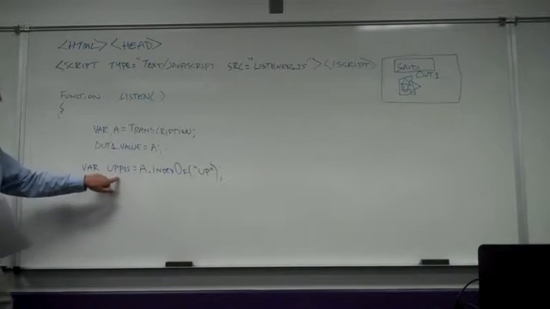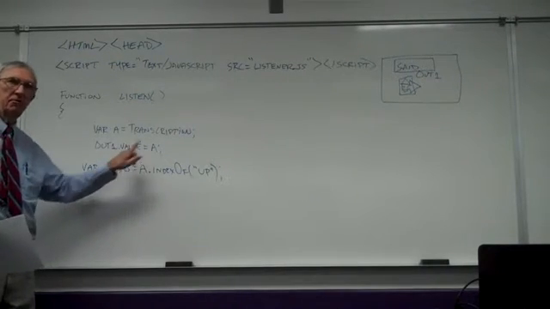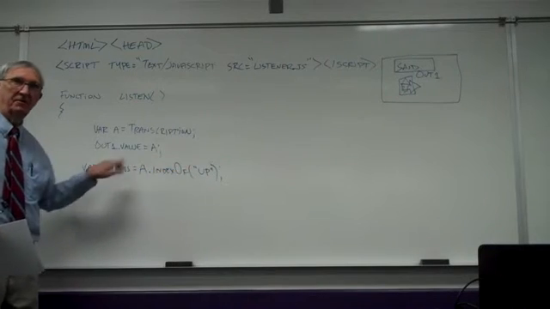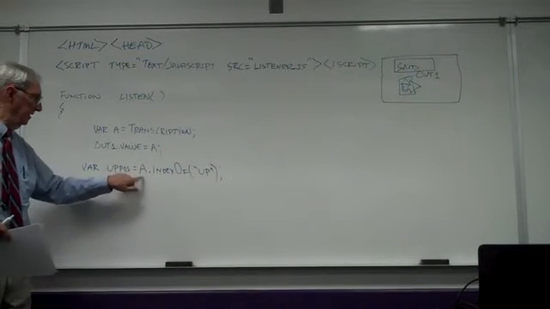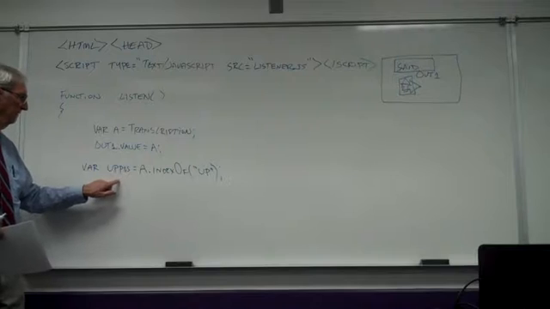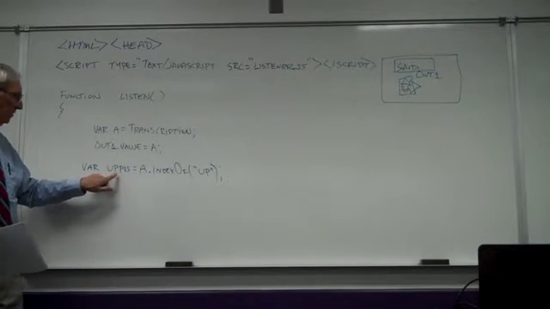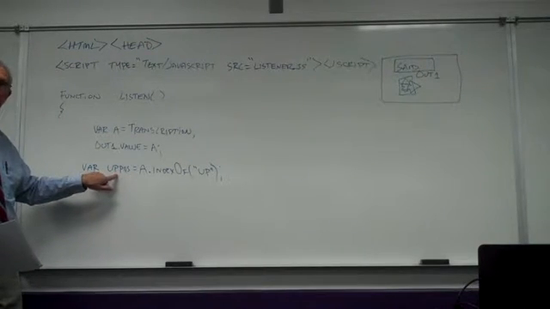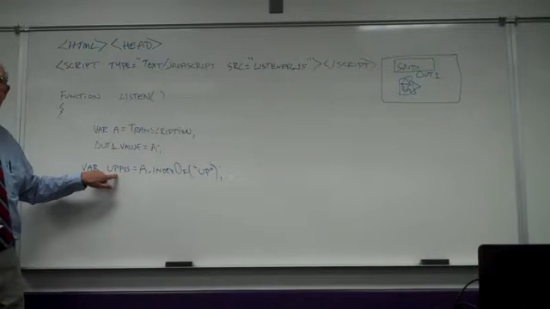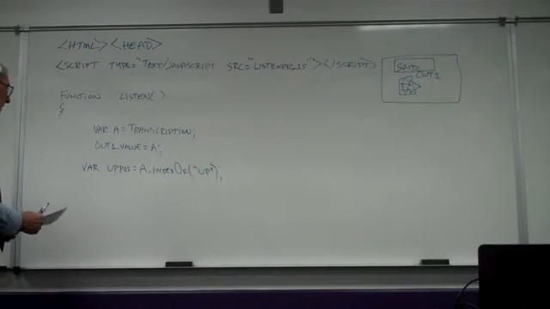If it gives you anything from 0 to a positive number, it means yes, I found it in here someplace. I found the word up in A, okay? If it doesn't find it, it puts a minus in here. It becomes a negative. So after I come through this line, if this is 0 or positive, it means it found the word up. Otherwise, it didn't find it, because it has no location for it. Okay? So that's the first thing.